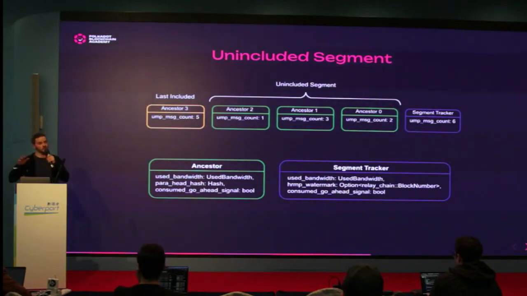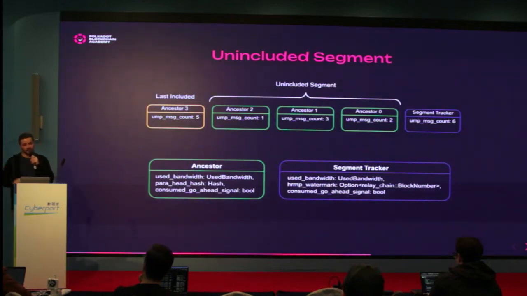This is again horizontal message passing. So this is if you want to message other parachains, you have separate queues for each of those channels. And so we're keeping track of sort of our outgoing queue capacity for each of those channels.